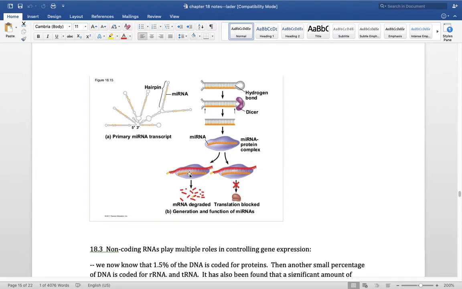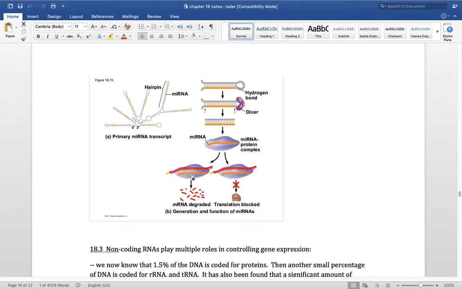And this red and yellow guy right here is the mRNA. It hydrogen bonds to the mRNA, and it can do one of two things. It is going to hydrogen bond with it, and then basically it's with a protein right there. That purple thing's a protein, and it's going to degrade it, so now it's useless.